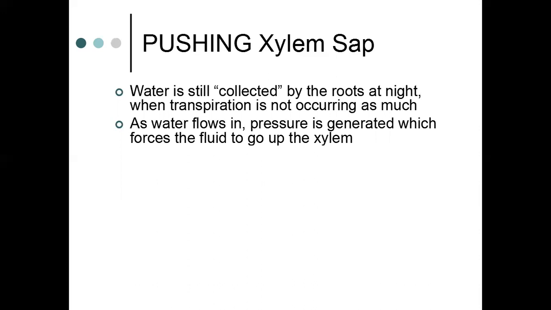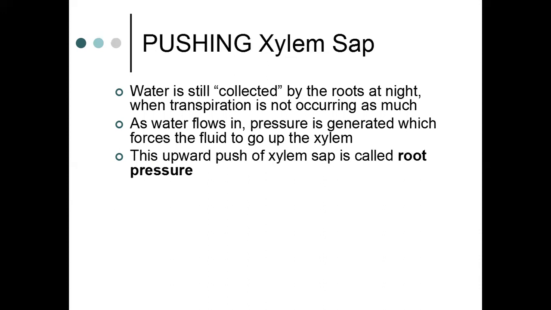When sunlight is not present, the amount of photosynthesis drops. So transpiration is not responsible for pulling water from roots to the shoot system at night. This upward push of xylem sap is called root pressure.